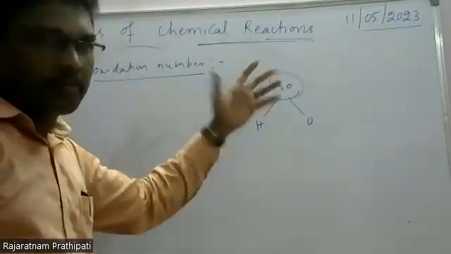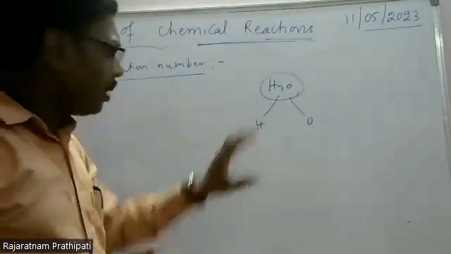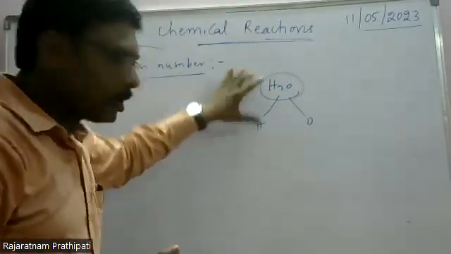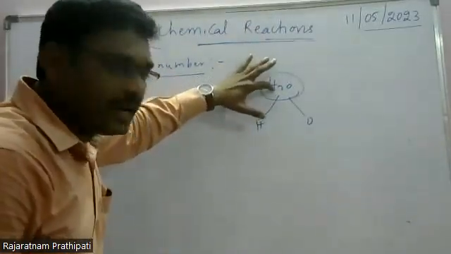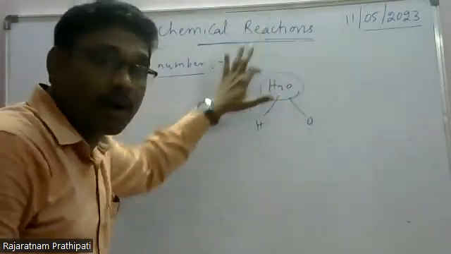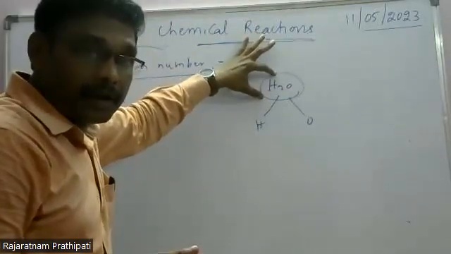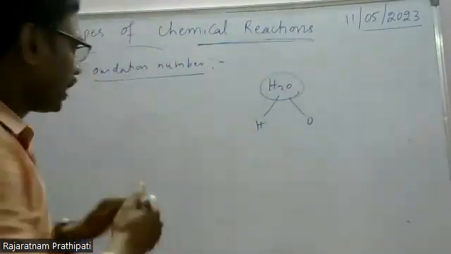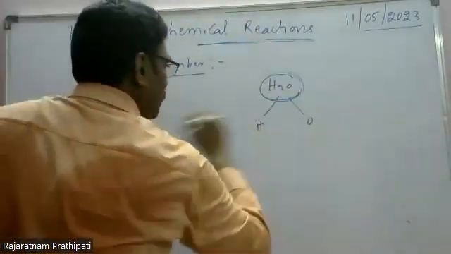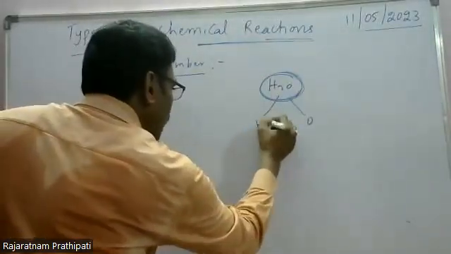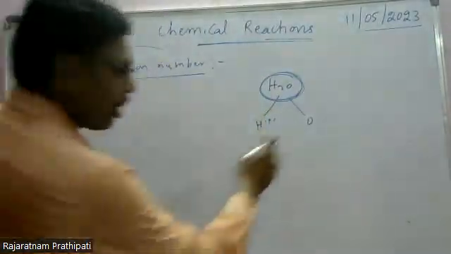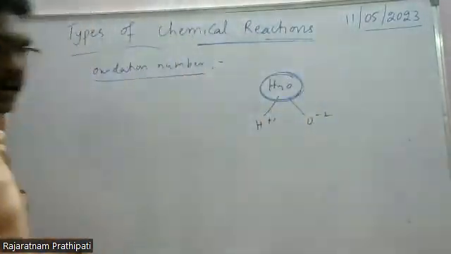In the elementary form, it is always 0. But in the compound form, it is the charge present on the element in the compound. Here in this compound, hydrogen has apparent charge +1 and oxygen has apparent charge -2.